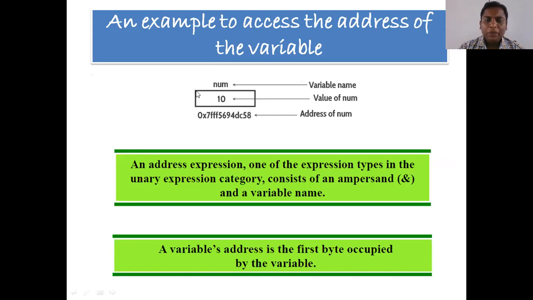As we all know, we have declared the num variable. Num is nothing but a name given to the memory location. Every variable will contain some value, and this value can be changed during the course of execution of your program. At present, the value of num is 10 and the address is 7FF5694DC58.